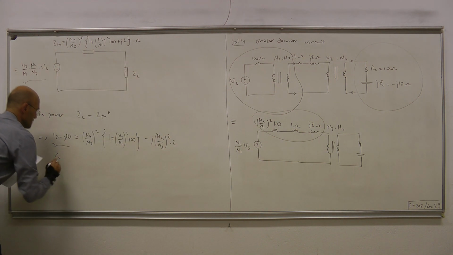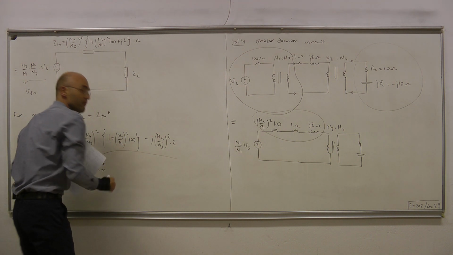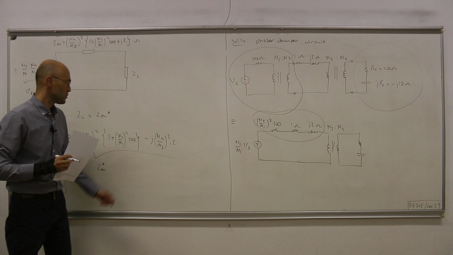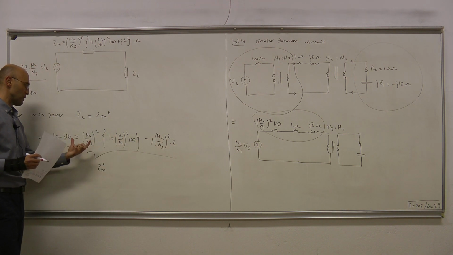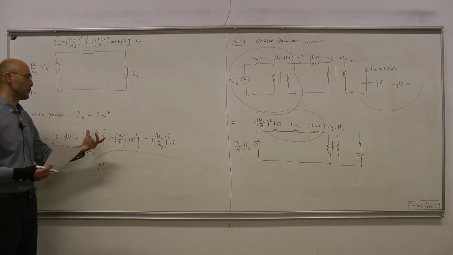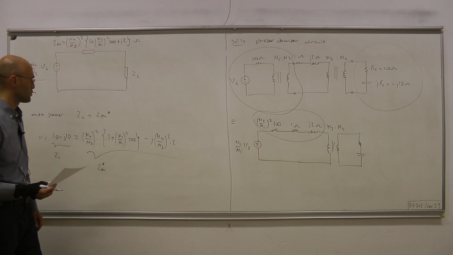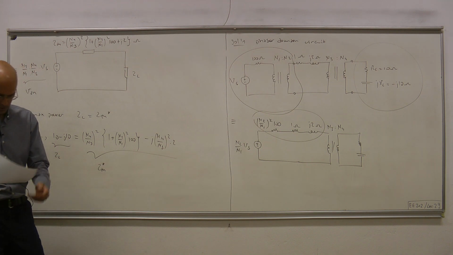This is our ZL, and this thing here is our Z Thevenin conjugate. Okay, we have two unknowns, N4 over N3 and N2 over N1, and we have two equations because this is a complex equation. By equating real parts and also the imaginary parts, we solve for what we're asked for. So let's do that.